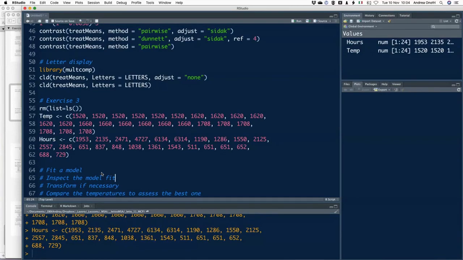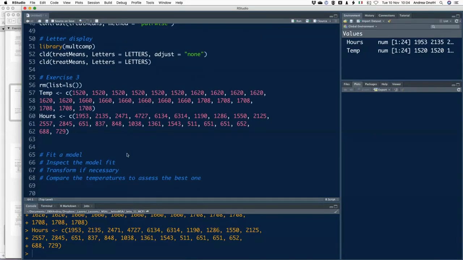I'm just telling you something which is important. The temperature is a numeric variable, and we strictly need to transform it into a factor. Otherwise, the model is wrong.